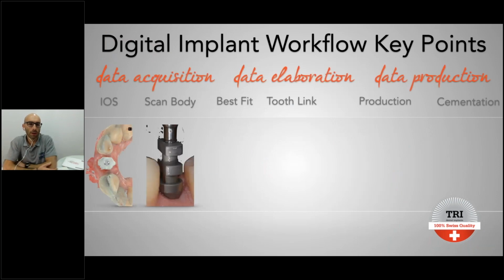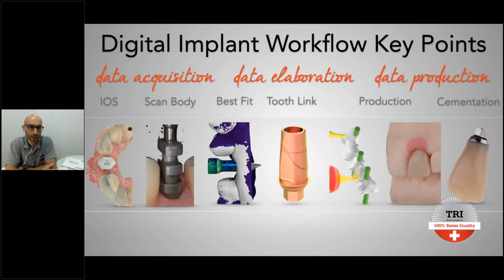So we will see now what are the real important key points for working with the digital implant workflow. In this slide are listed the 7 mandatory key points to follow. Once again, the front end of the digital workflow is the digital impression, as you can see on the left side of the screen in the picture, acquiring fundamental information including the scan body.